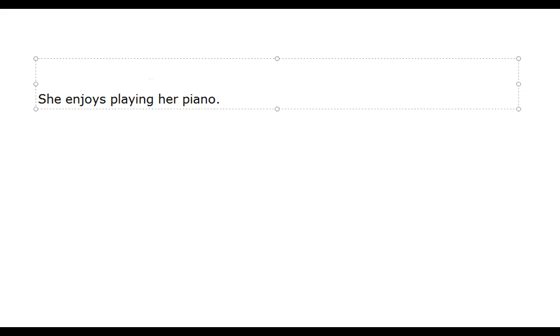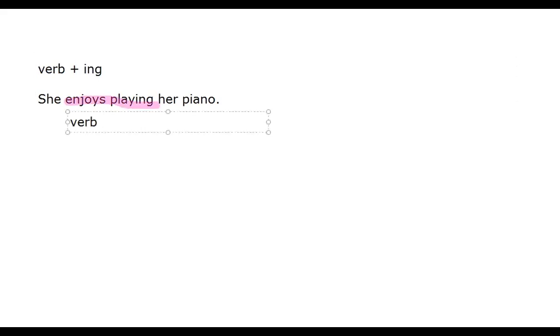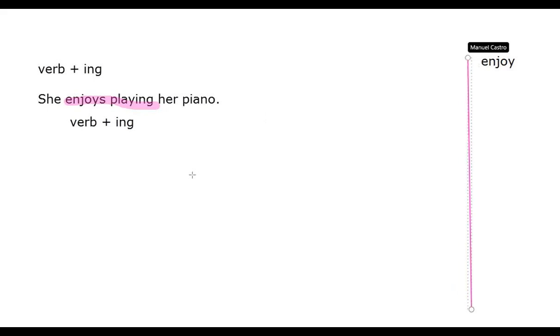This one is verb plus ing form. Okay, and where do you have it here? Enjoys playing. Verb plus ing form. This one is enjoy. Here you have it. Okay, so when you use enjoy, always please use it with the ing.